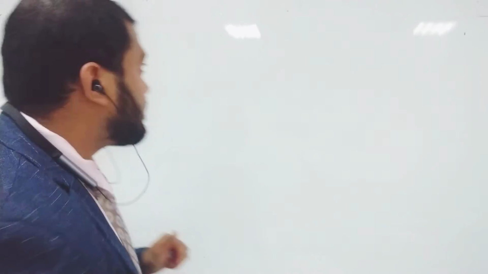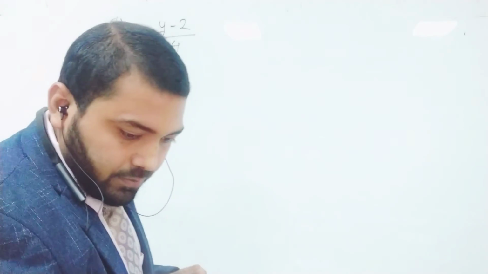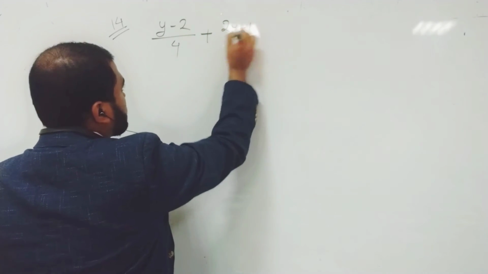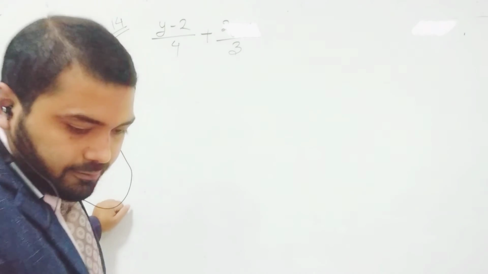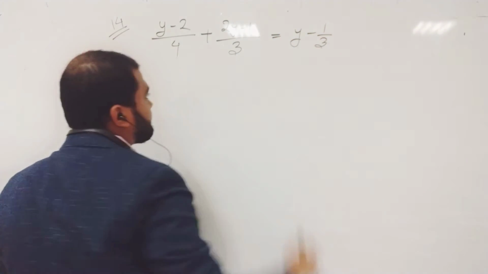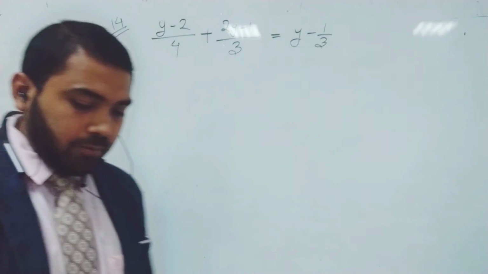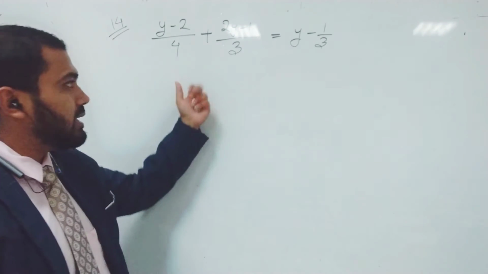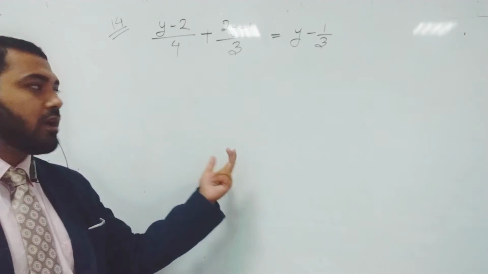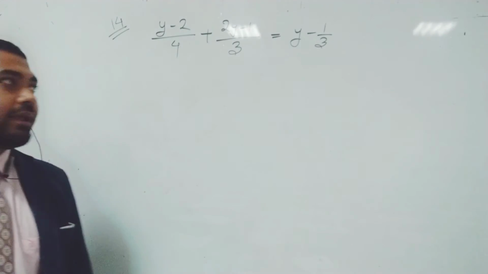The question was (y minus 2) by 4 plus (2y minus 1) by 3 equals (y minus 1) by 3. This is also a similar type of problem where you need to do LCM, then simplify it, then cross multiply, and finally we move the numbers. All the y values to the left side, numbers to the right side, and it gets solved.